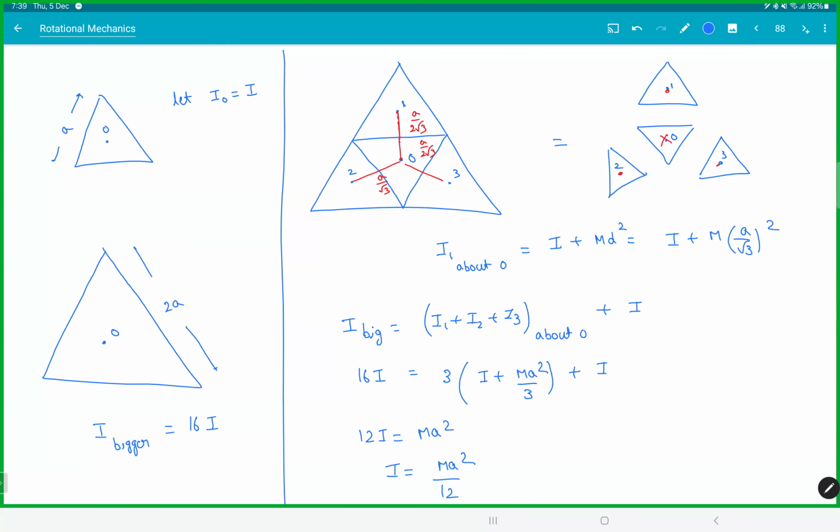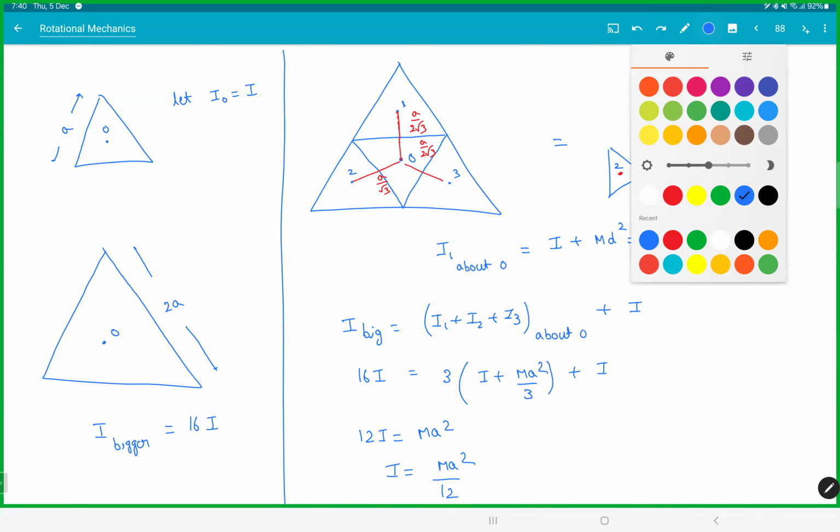Makes sense? Think about what we did. I started with the story that the small triangle is I. The big triangle is 16I. The big triangle can be split into 4 triangles. So for the 4 triangles, about their respective centroids, it is I only. But I have to use the parallel axis theorem to shift them to the central centroid, isn't it? So if I use the parallel axis theorem, that will become I, the moment of inertia of each triangle, plus this distance square, which is m d square.